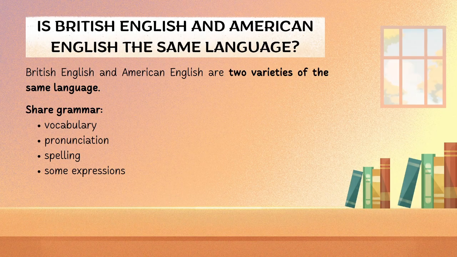They share grammar rules and basic structure, but they differ mainly in some grammar rules, vocabulary, pronunciation, spelling, and some expressions. We also have different ways to say the same thing with a different grammar structure. Native speakers understand each other, but learners often feel confused. Let's fix that.